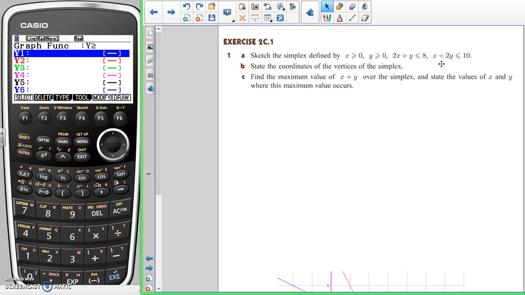The way I would be doing that is by finding the points on the y-intercept and the x-intercept. For the first one, if you make x 0, we would have y is 8, and if we make y 0, it'll give us 2x is equal to 8, so x is 4.